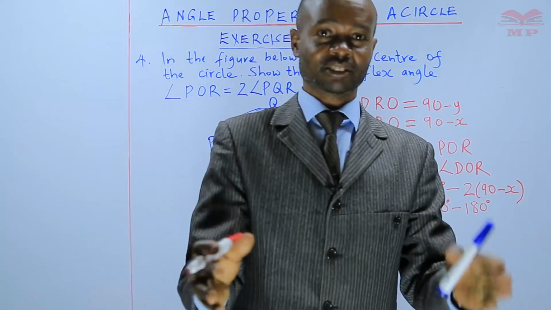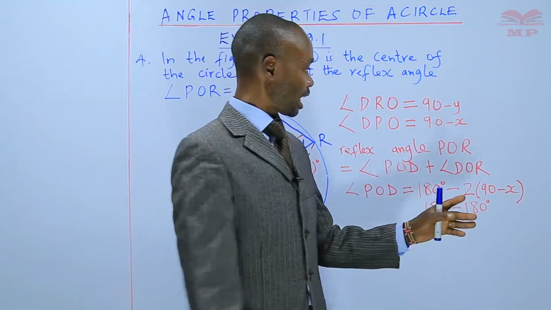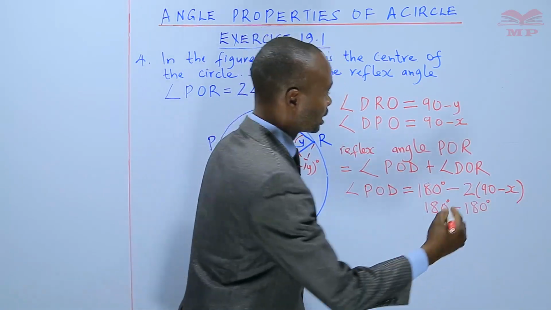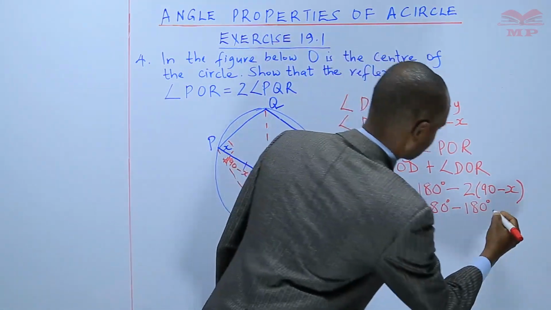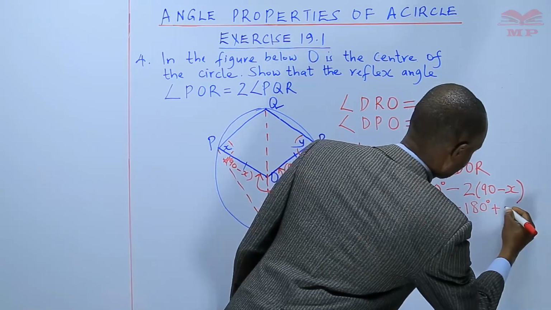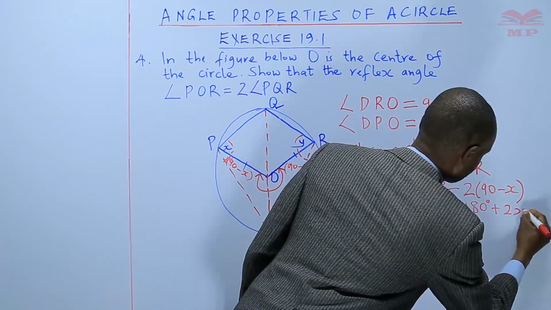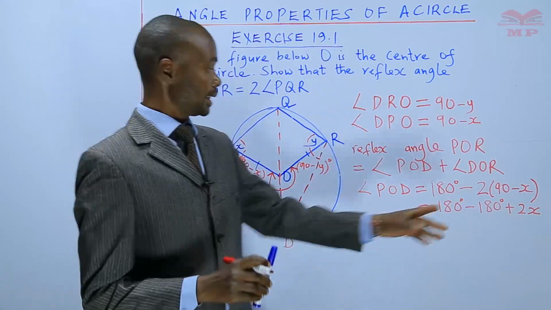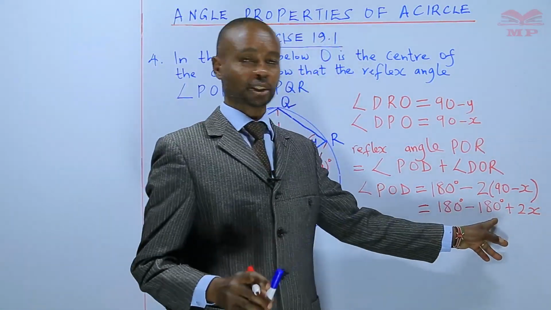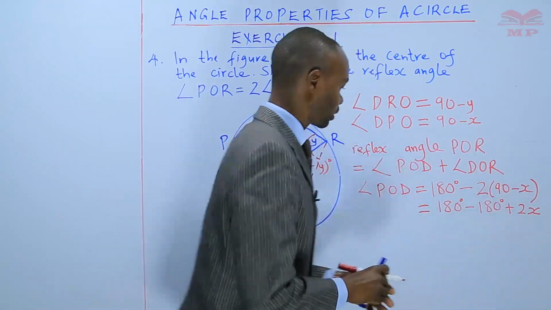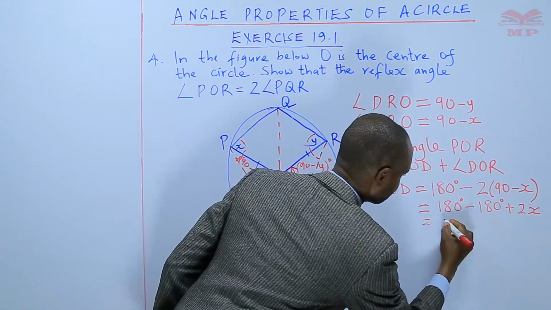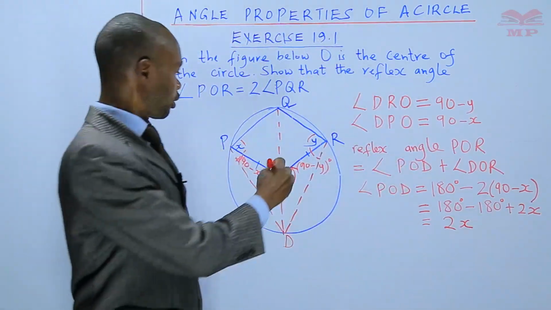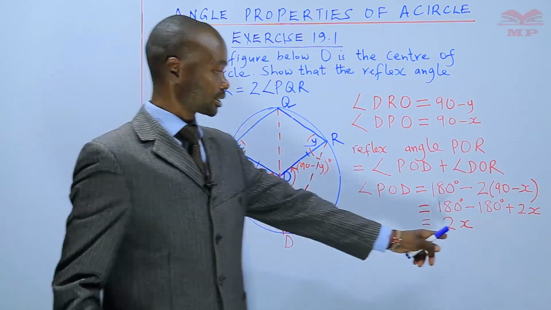A minus times a minus, you get a positive. So minus 2 times minus x will give you what? Positive 2x. So if you work that, 180 minus 180 is 0 plus 2x. So that gives you 2x. So the value of angle POD is 2x.